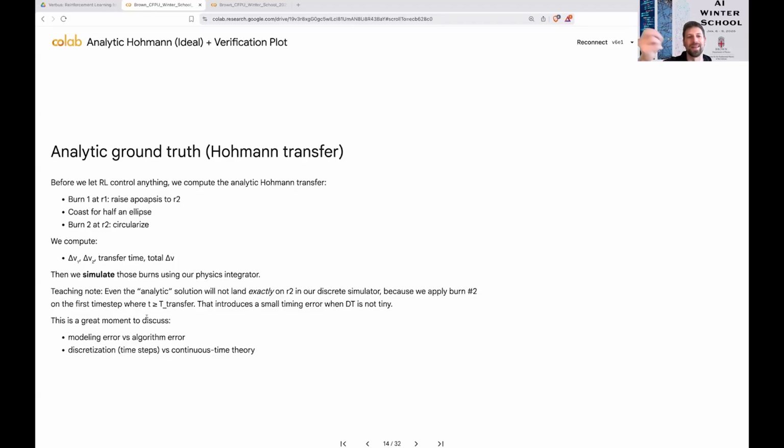This will do two things. One, it will show that our simulator is working, for this analytically known case. But two, it'll be an opportunity to show the ideal Hohmann transfer for this problem.